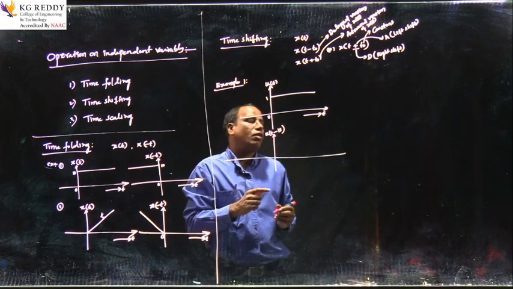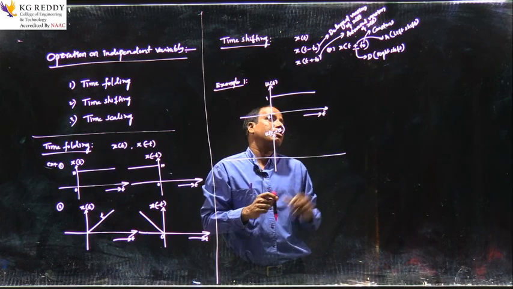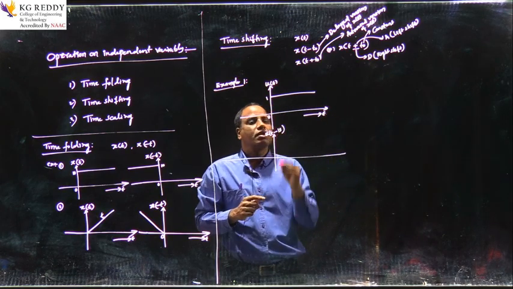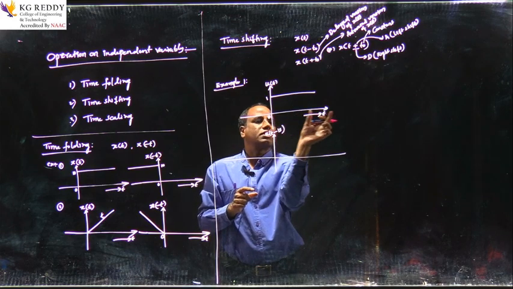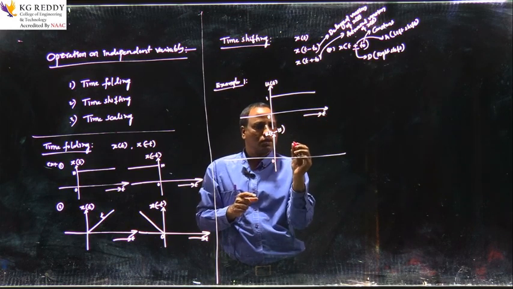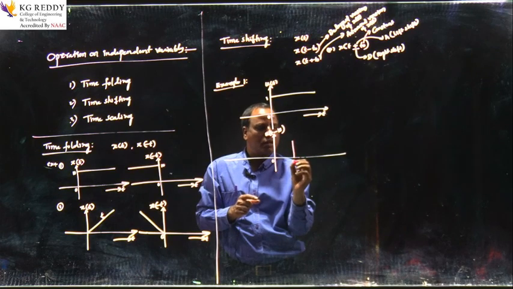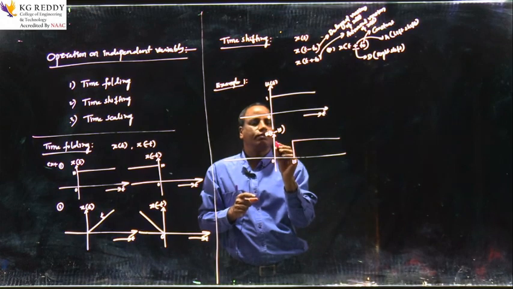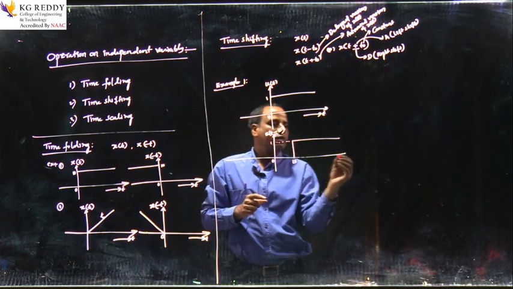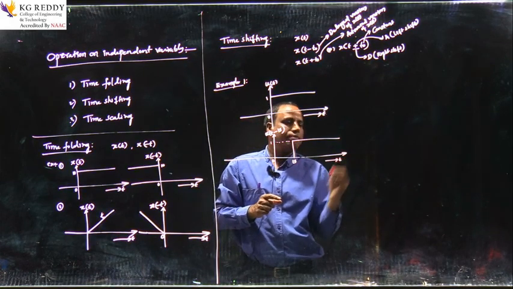How much do we have to shift towards the right side? 15. So rather than starting at the origin, the same signal will move towards the right side by an amount of 15. So it starts at 15 and continues with an amplitude of 1. This is how the delayed version of the signal can be sketched.